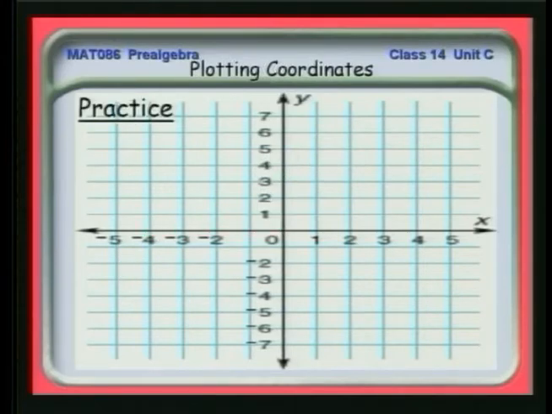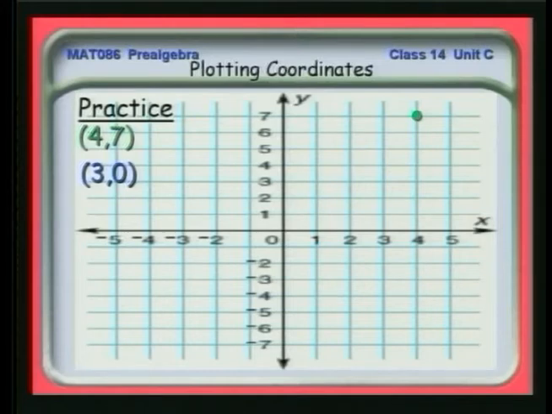Let's practice. Let me give you a few. I'll take a couple of seconds and let you try to decide where that point goes, and then I'll put it in. 4, 7. What does this tell us? We go 4 to the right along the horizontal axis, along the x-axis, then we go up 7, and the point is right there. 3, 0.